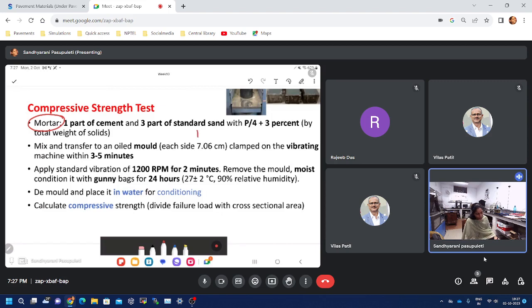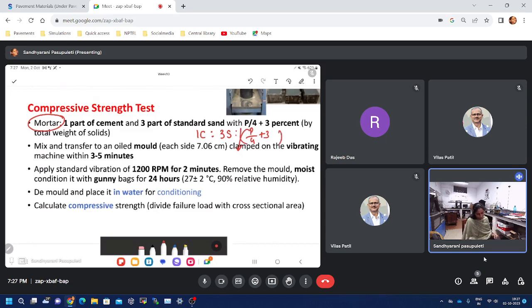So 1 part of cement to 3 parts of sand, and the amount of water to be added is P/4 + 3, where P is the normal consistency of the cement calculated initially. By adding this we will get some kind of mortar.